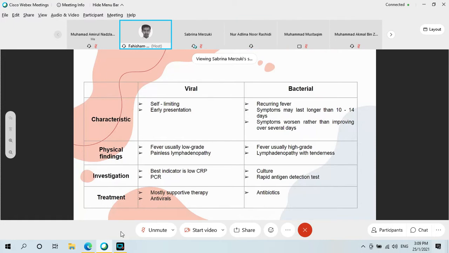What do you reckon? I think culture. Okay, culture, one thing. And what about simple things from full blood count? What else can you do in order to state that this is either bacterial or viral infection, other than culture?